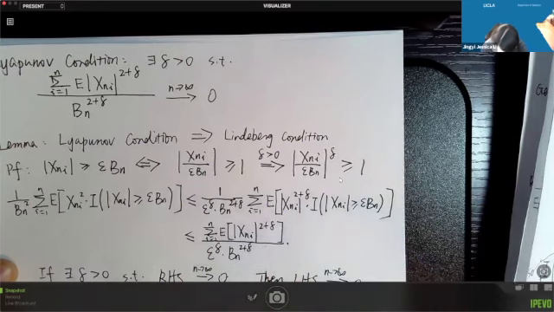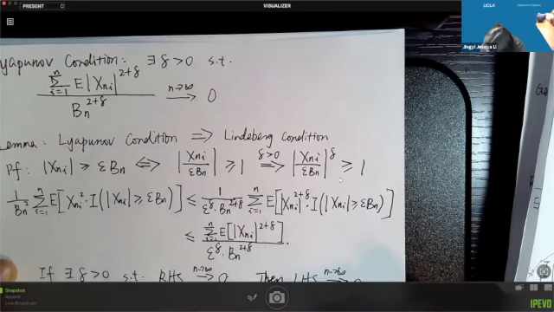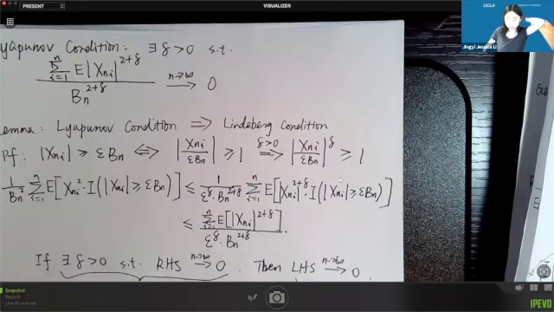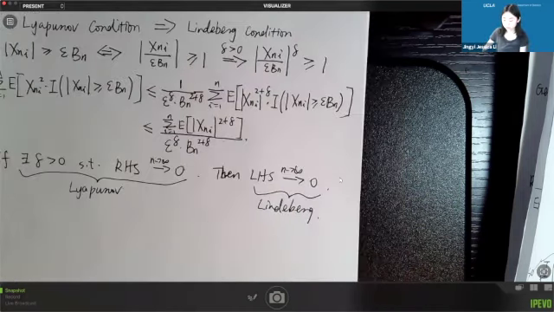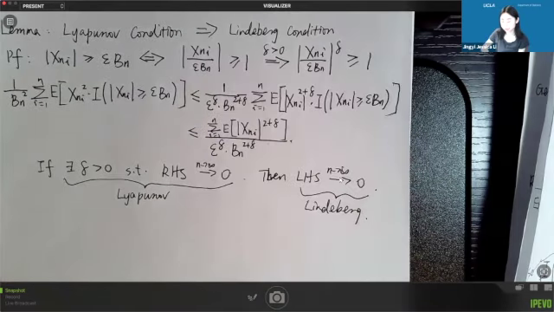The right-hand side going to 0 is the Lyapunov condition, and this is the Lindeberg condition. That's it. So that's why we only need the existence of one such delta, and we're done. That will make our right-hand side go down to 0.